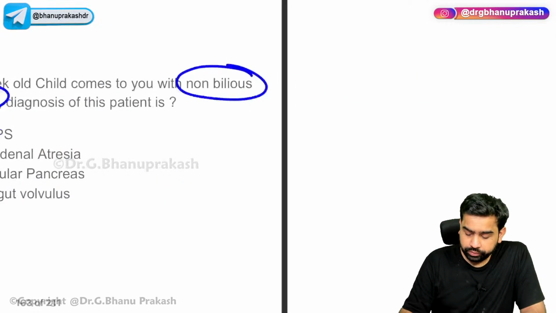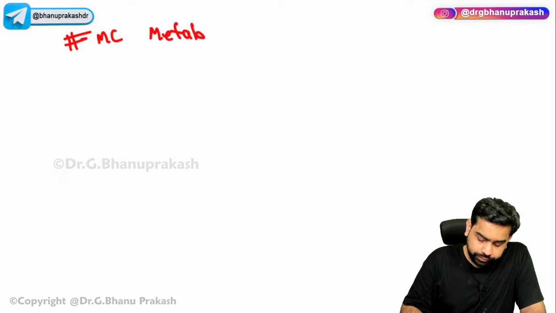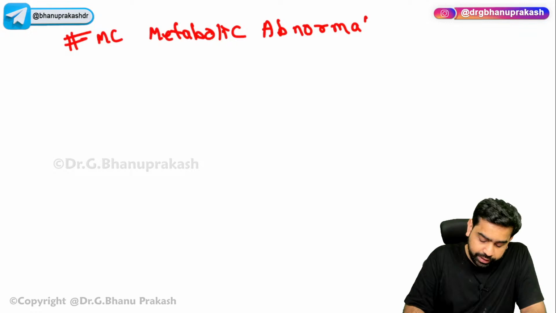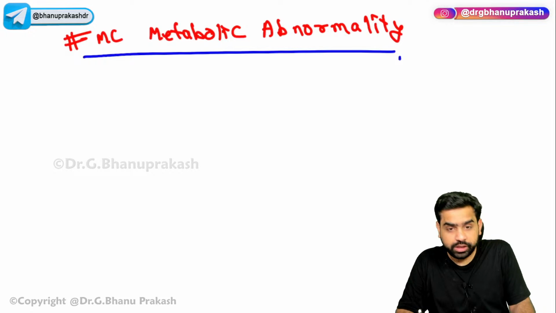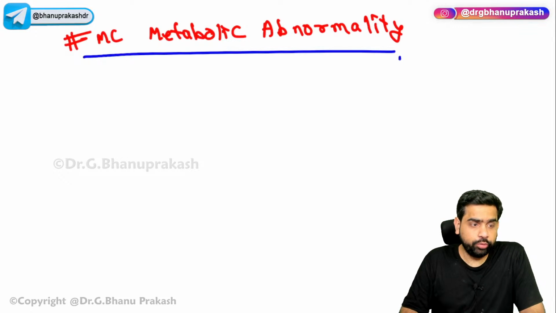That's fine. Now, if there is non-bilious vomiting, let's talk about this. What is the most common metabolic abnormality which you basically get in these particular patients? Can you please help me with this? Yeah, please put your answers in the comment box, guys. What is the most common metabolic abnormality which you get over here?